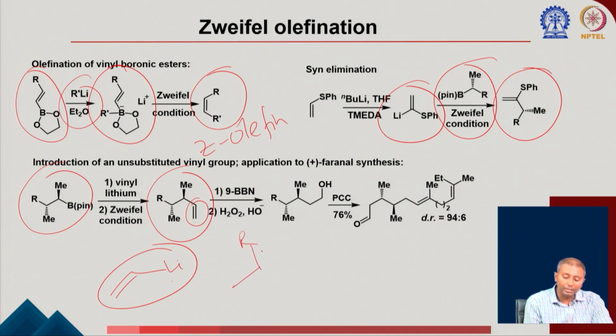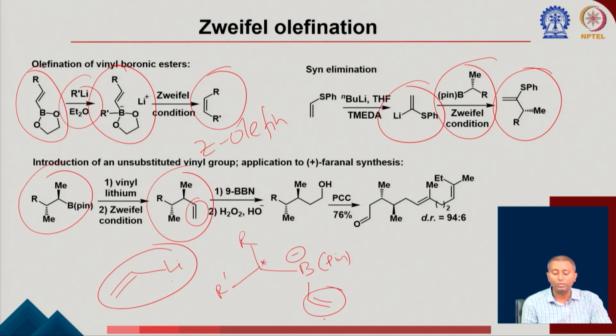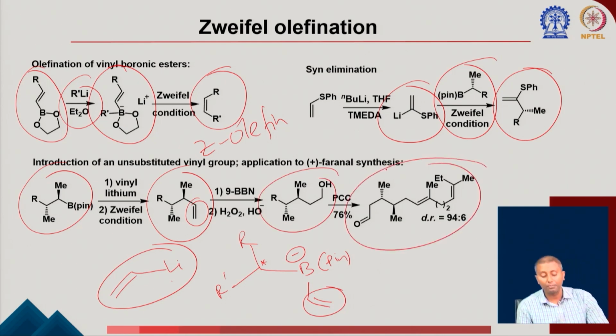So let's write down that if you have a chiral center and a boron here, B pin, then you are generating one vinyl boronate species. Now if you treat with the corresponding Zweifel condition, then this vinyl group will be transferred as you have seen. So now there will be no E and Z, but this vinyl group will get attached to that chiral center. And then if you take the vinyl group, you can go for another round of hydroboration oxidation, and you are able to synthesize the corresponding natural product.